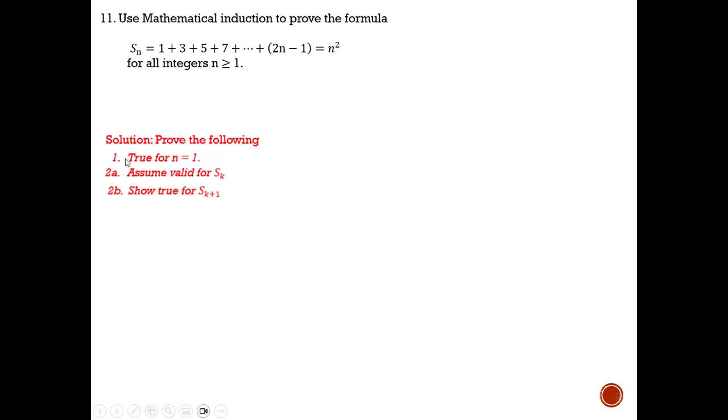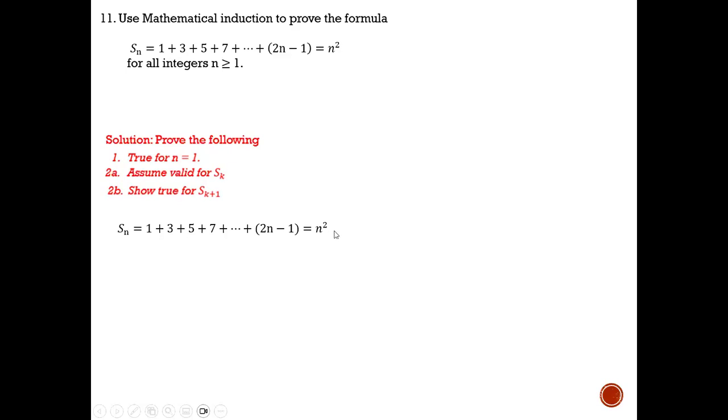Okay, so again, remember, we're going to have to prove that this is true for any integer. We're going to use n equals 1. If it's true, then we assume it's valid for some S sub k. We replace n with k because we've proven for another variable, k. And then we're going to show that it's true for one more term added on, the S sub k plus 1, and show that both sides equal each other.